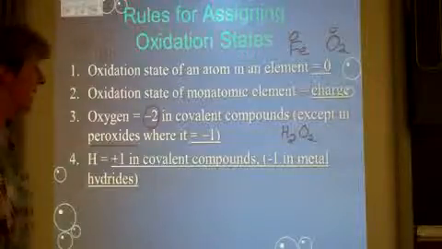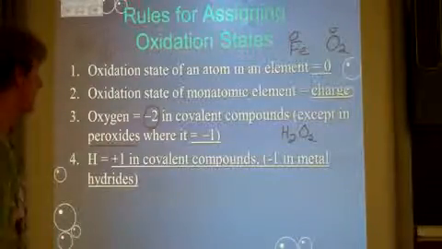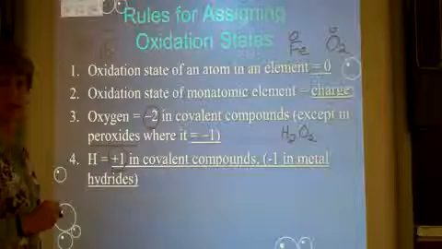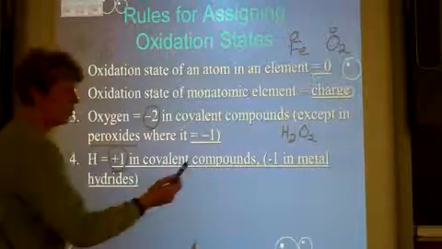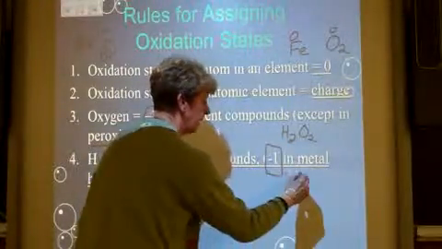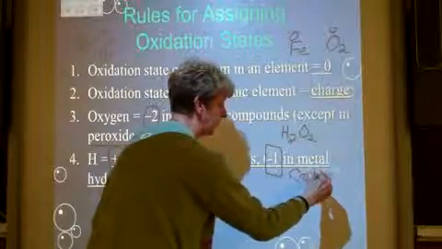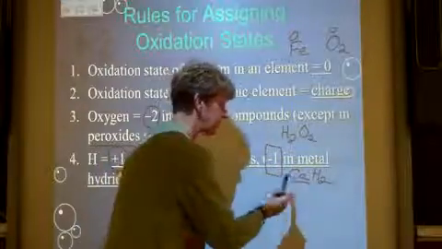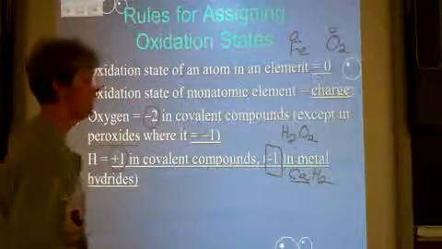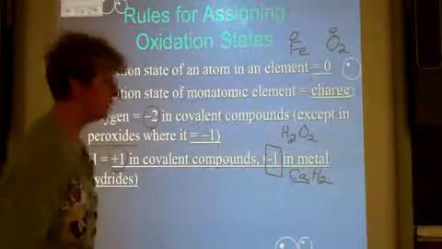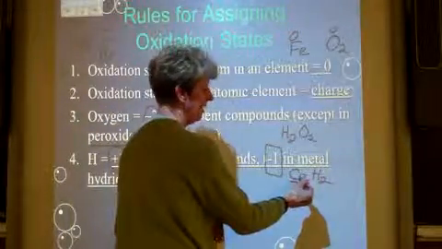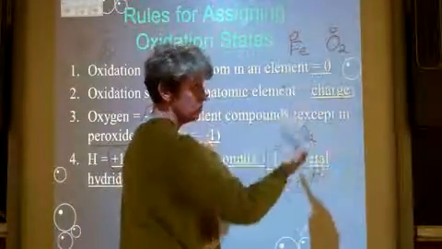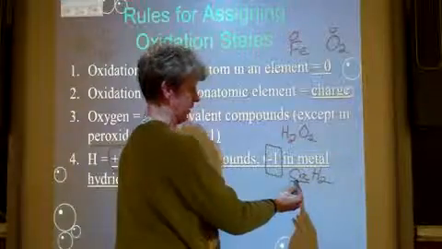Hydrogen, once again, 99% of the time is going to be a +1. Every once in a while, it will be a -1. And that would be when it's in a metal as a metal hydride. How do I recognize this? Metals, our group 1 and group 2 metals, are always going to be the usual oxidation number that we see in that group.